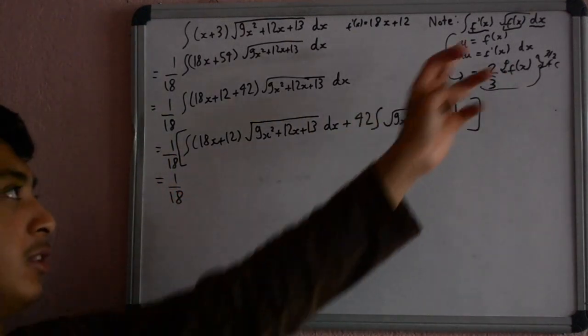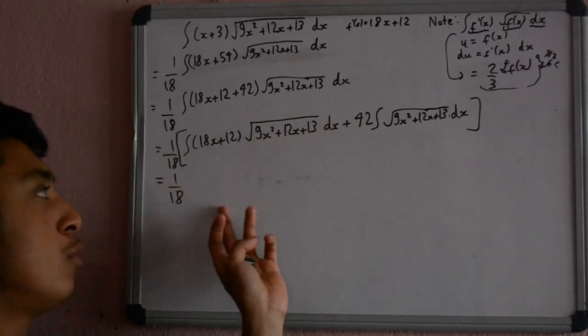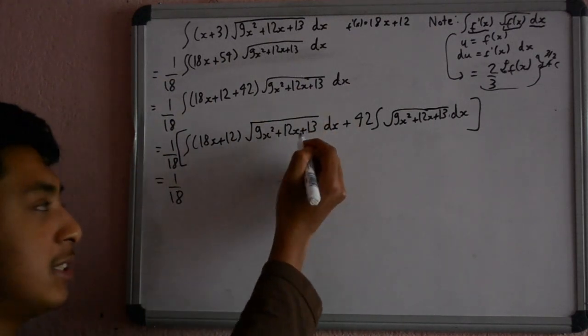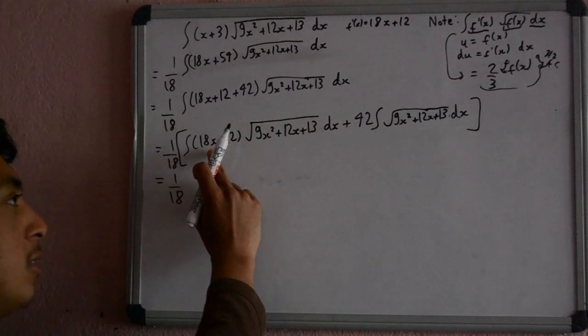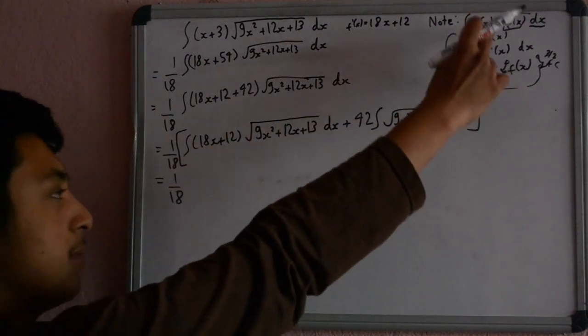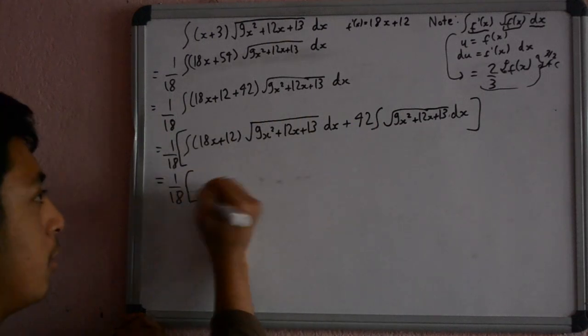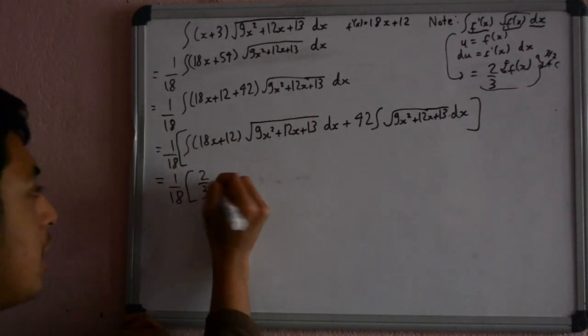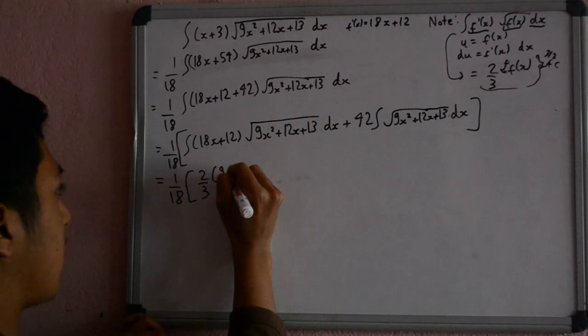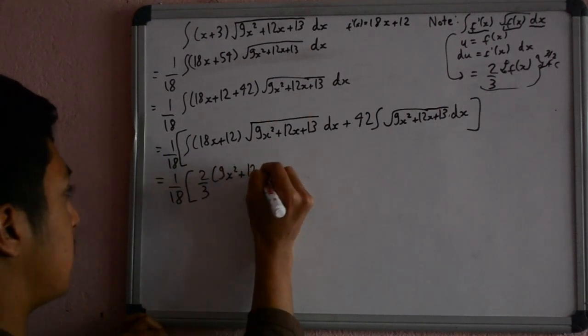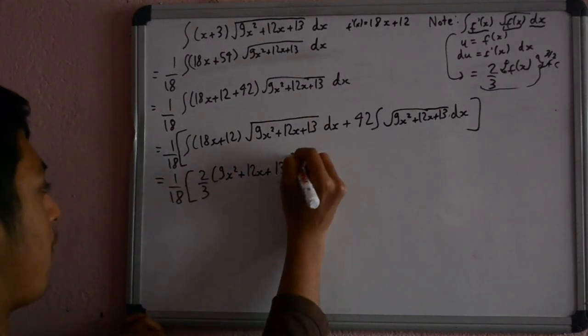We have the same case over here. If you let u equal to this part inside of the root, you'll get that part, and in the end, for this one, you have 2/3 times the function, which is 9x squared plus 12x plus 13, to the power 3/2.